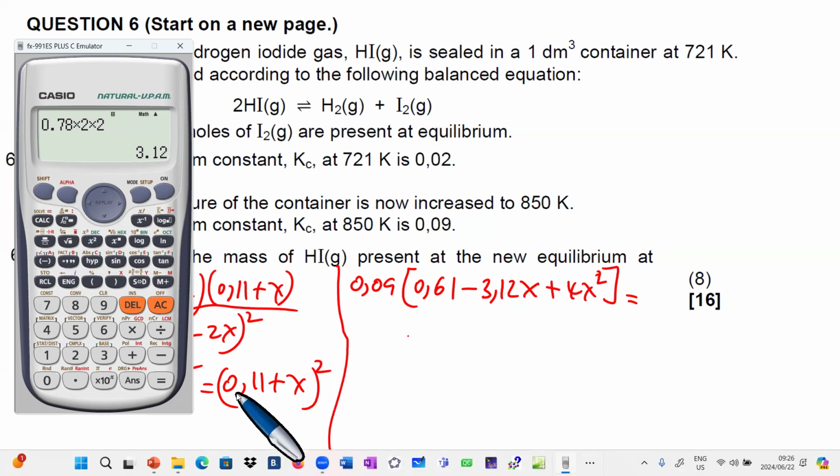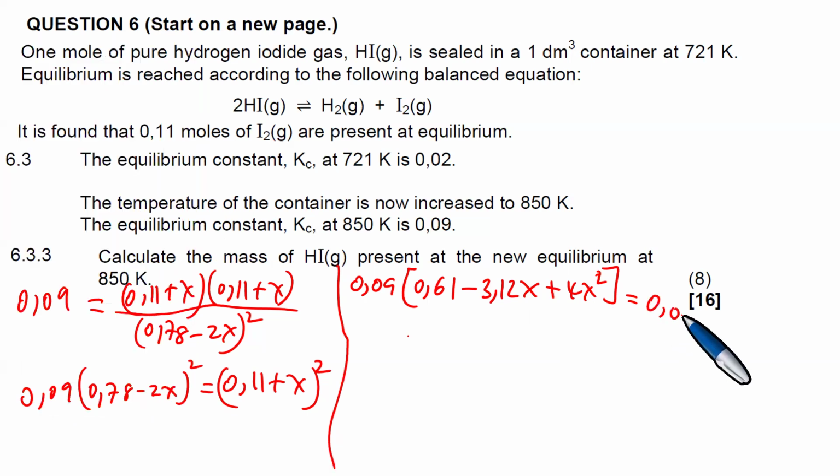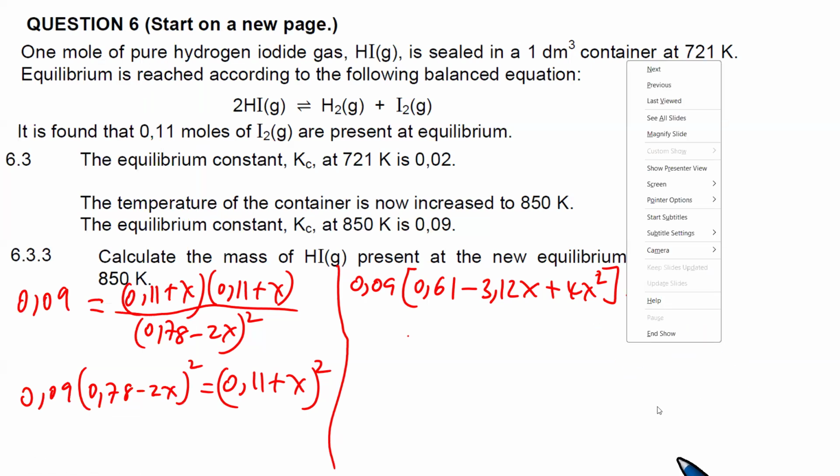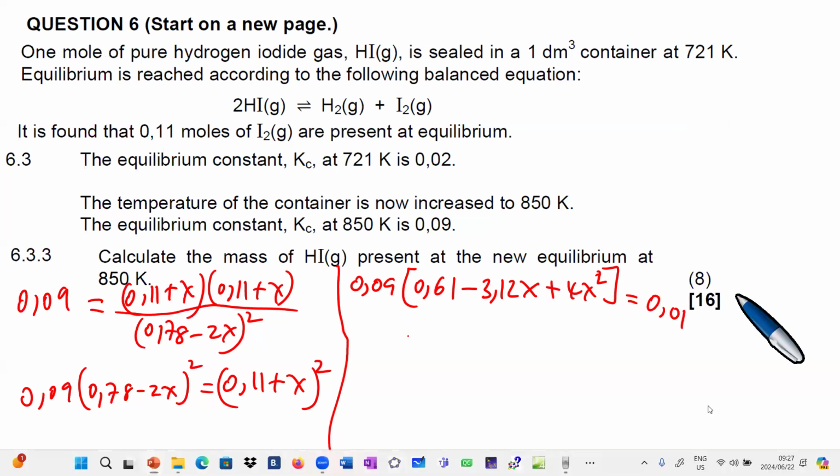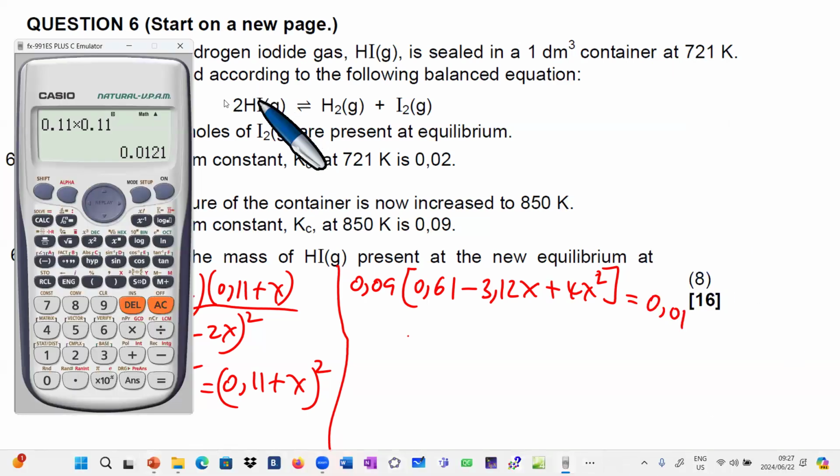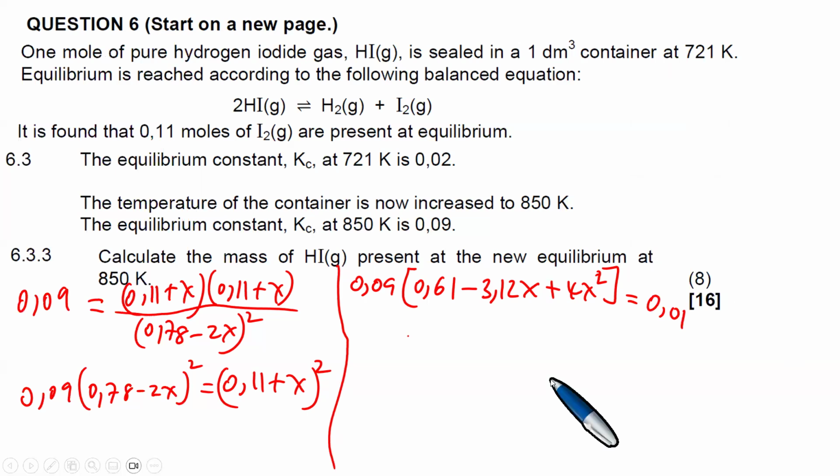To square this out, we need to say 0,11 times itself, which is 0,01.